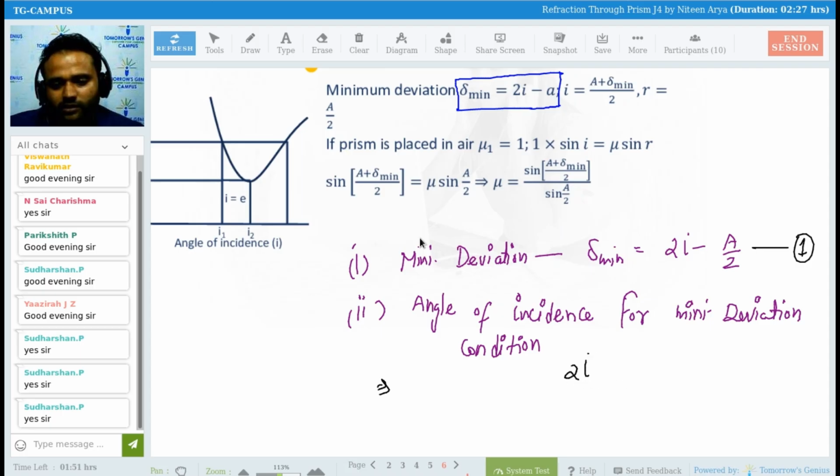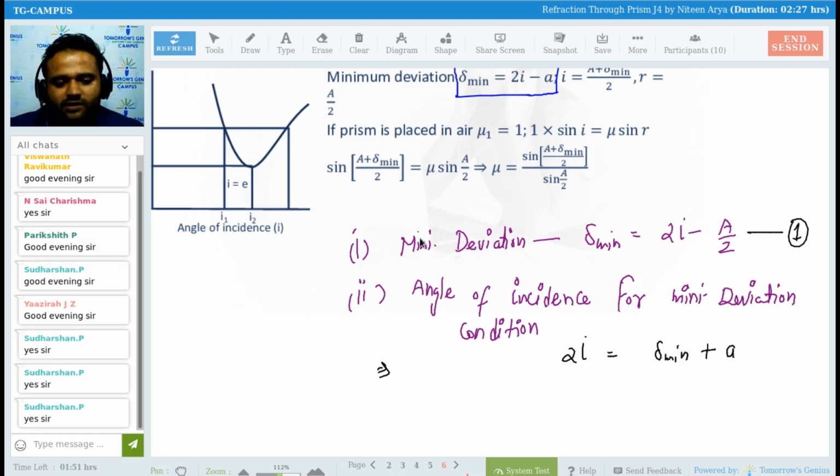In general, 2I is del plus A by 2. Is this clear? Clear na? Or directly we can do that. Instead of A by 2, because it is going to be troublesome, I can write it down as small a. Small a is automatically A by 2. Clear?